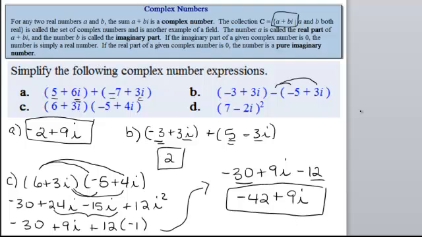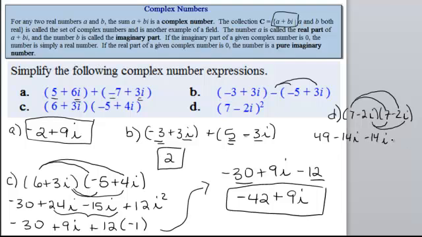Okay, let me see if I can squeeze d in over here on this side. We have 7 minus 2i all squared. So 7 minus 2i times 7 minus 2i. Hopefully you can still see that. So we're going to multiply these two. That's 49 minus 14i minus 14i plus 4i squared.